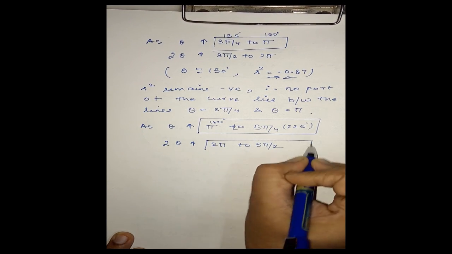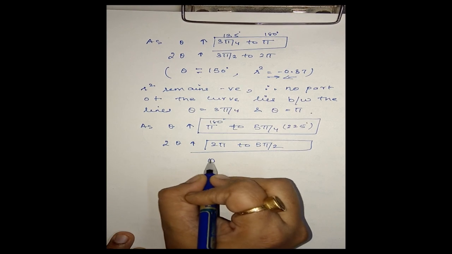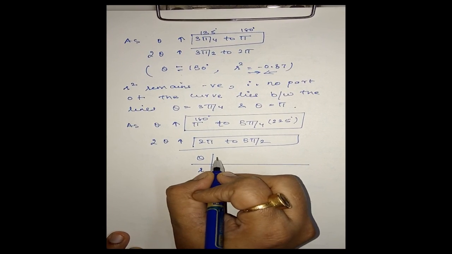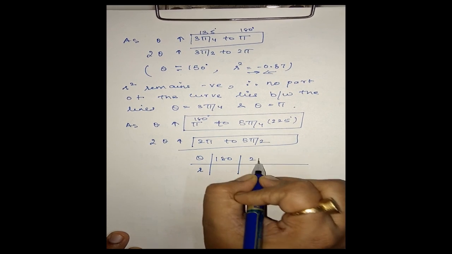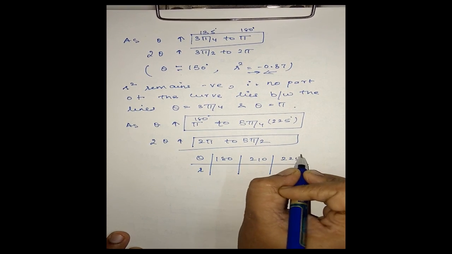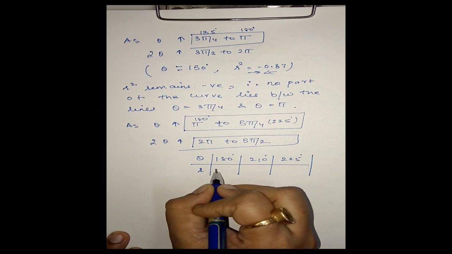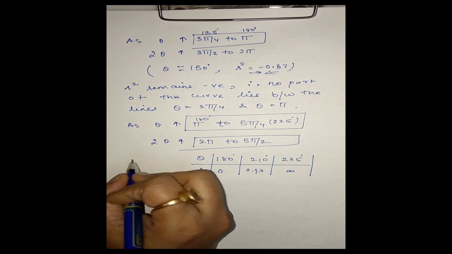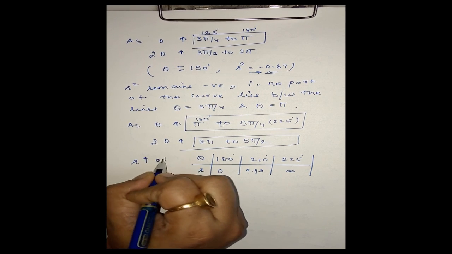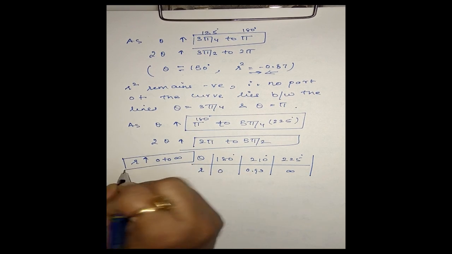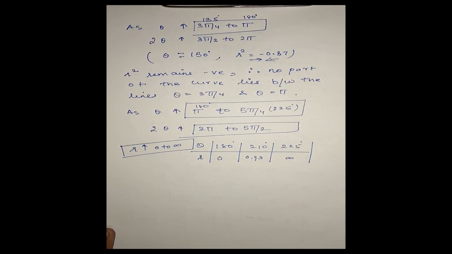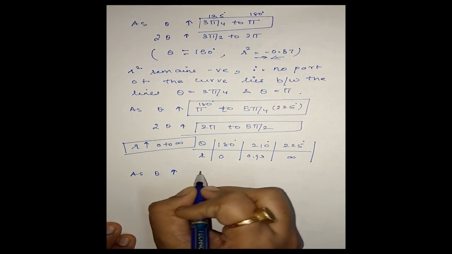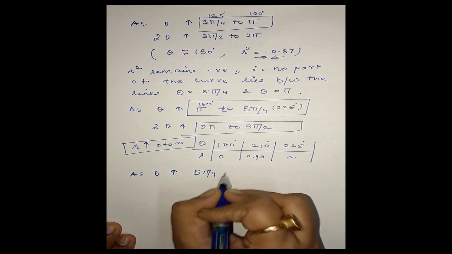Same way, if I take theta to be 180, 210, 225, then the value of r will be 0, 0.93 and infinity. So I can say r increases from 0 to infinity in this interval.